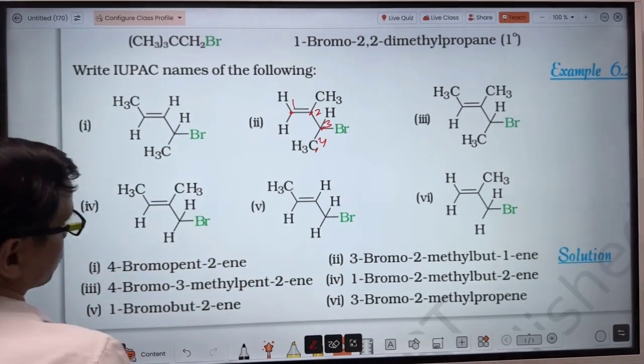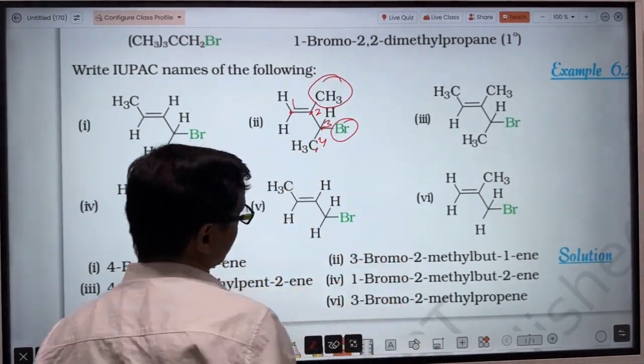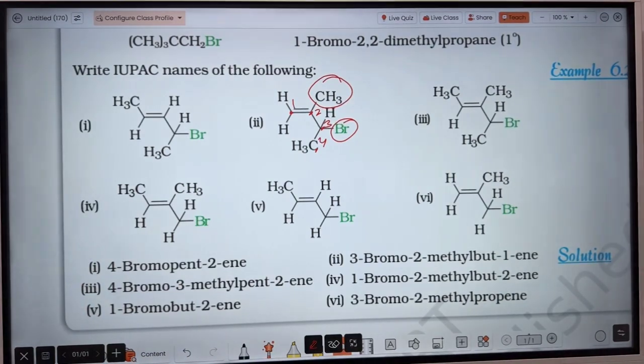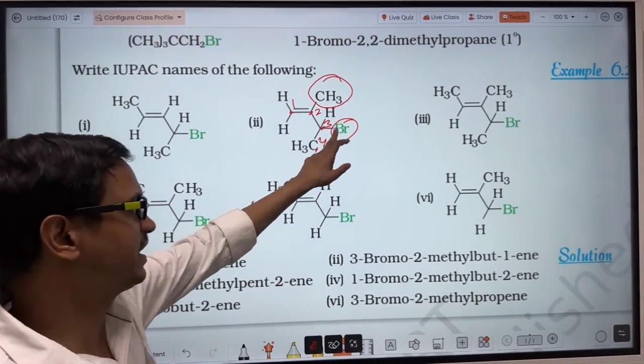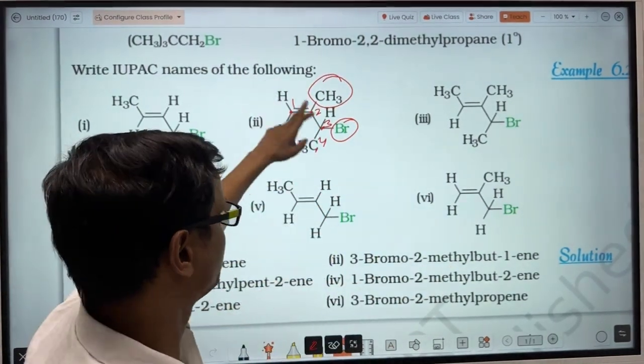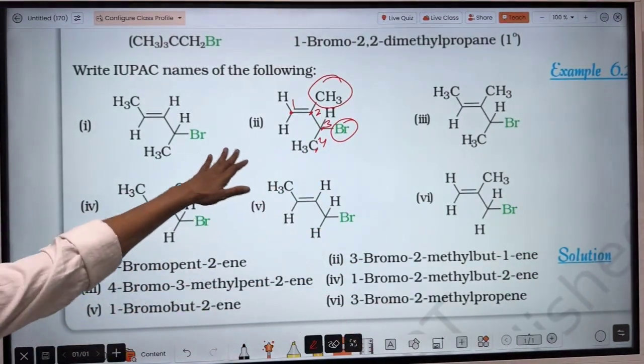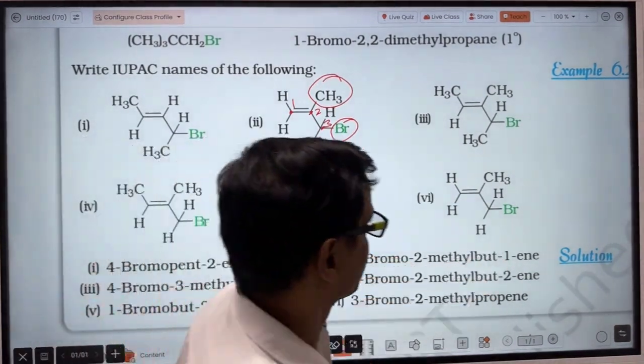The substituents here are methyl and bromine, of which B comes first, then M. So bromine is at the third position. So we'll write 3 bromo, 2 methyl, but 1 ene. That's why its IUPAC name is 3 bromo, 2 methyl but 1 ene.